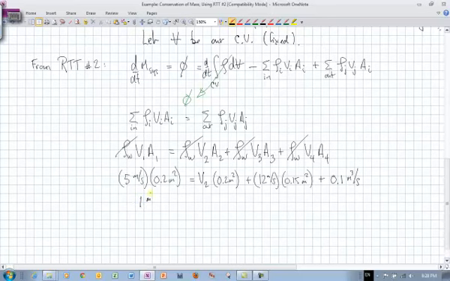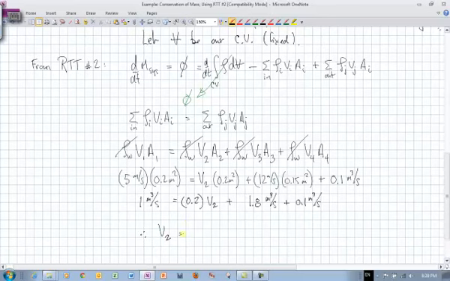That's 1 meter cubed per second equal to 0.2 V2 plus 12 times 0.15, which is 1.8 meters cubed per second, plus 0.1 meter cubed per second.